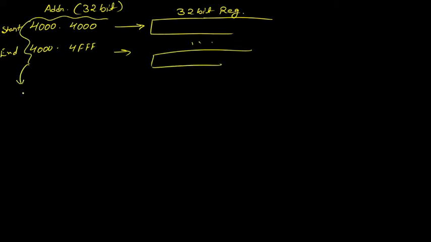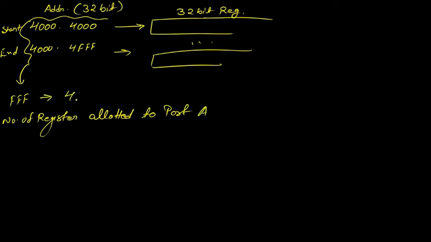If someone asks you, FFF is the number of registers allotted to port A. How many registers are there? 4095 or 4096. In that sense, we can say 4K registers are allotted, because 1K is 1024. Therefore we call it 4K memory addresses or registers.